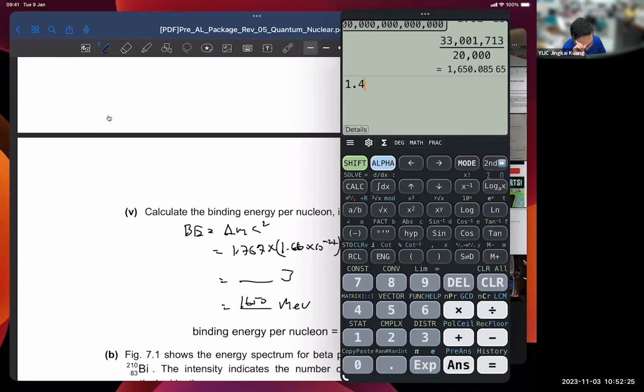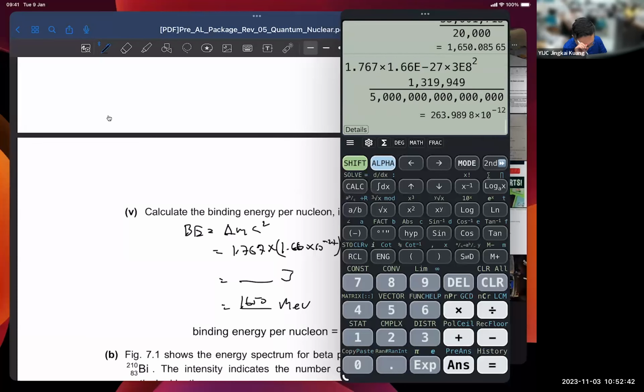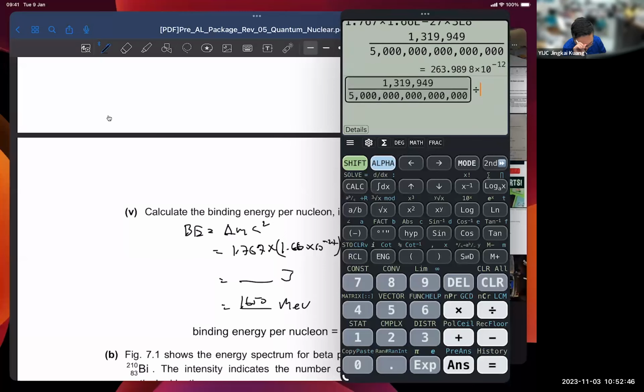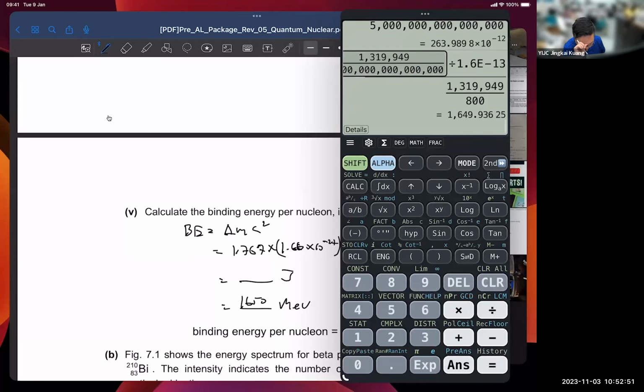Try again. 1.767 times 1.66 exponential negative 27. This will give me mass in kg times 3e8 squared. Okay, then divide by 1.6 exponential negative 13. 1649.